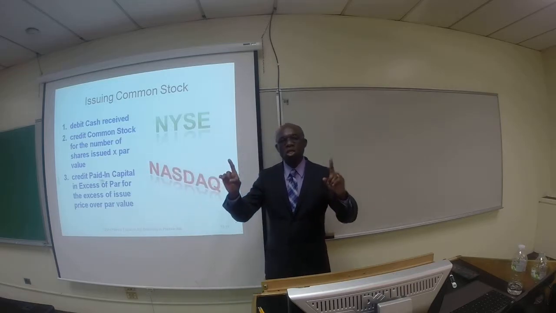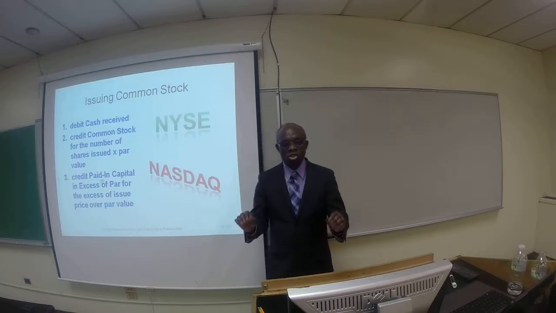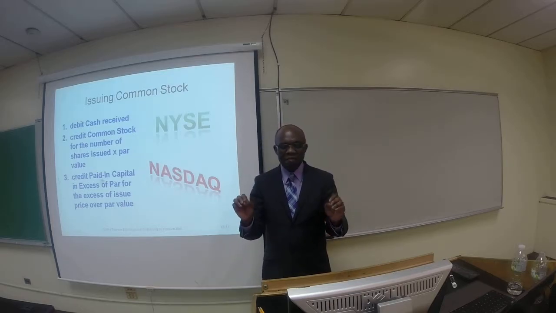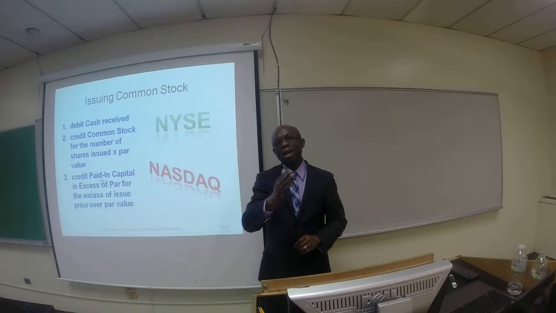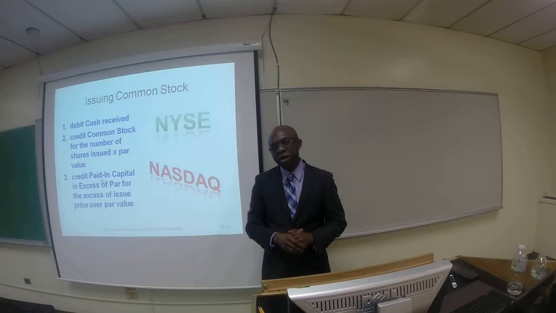The question is, what is par value of a stock? We said that the par value is the minimum legal sales price of a company's stock or share of stock. In other words, legally, you cannot sell your company's stock for less than the par value. Now, how do we determine the par value?